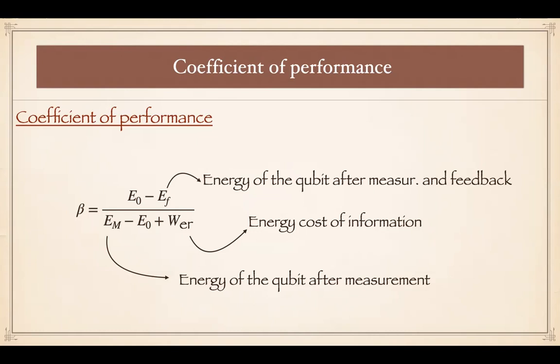So the difference of the energy on top is divided by the cost of performing that process. There is the energy cost of information. You have to erase the information, that gives you W_ER, and the energy of the qubit after measurement subtracted with the initial energy gives you the amount of work you perform on your system.